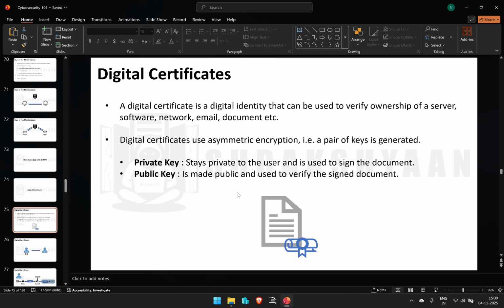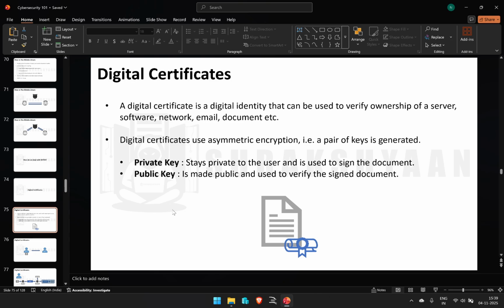User A will sign that particular document using his private key. And once user B receives the digitally signed document, he can use user A's public key to verify the signature, or basically to verify whether the document has been signed by user A or not.